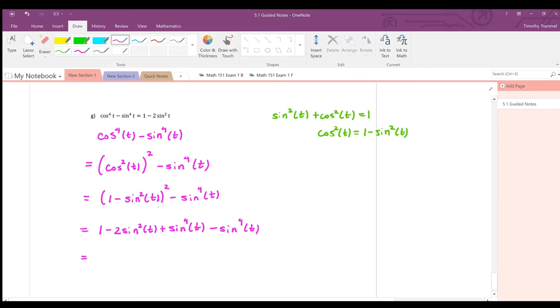And make sure when you are squaring this here that you're not just doing 1 squared minus sine to the fourth of t. What you really want to be doing here is 1 minus sine squared t times 1 minus sine squared t. That's what it means to square 1 minus sine squared of t. And if you FOIL, you'll end up with this right here.